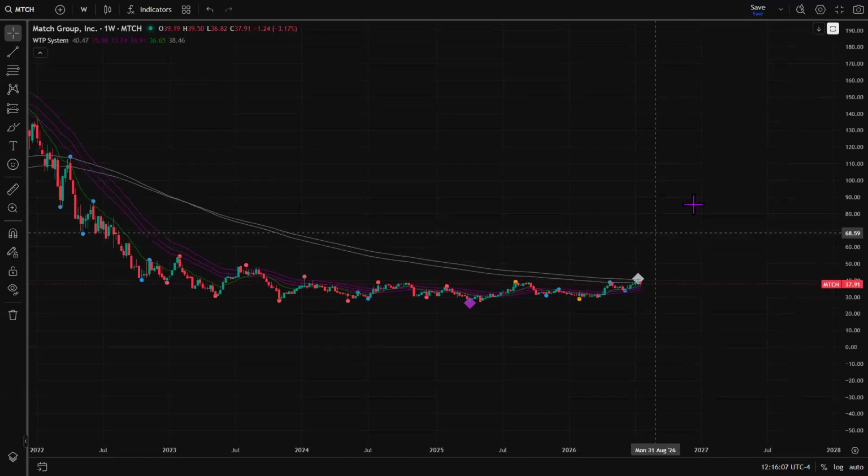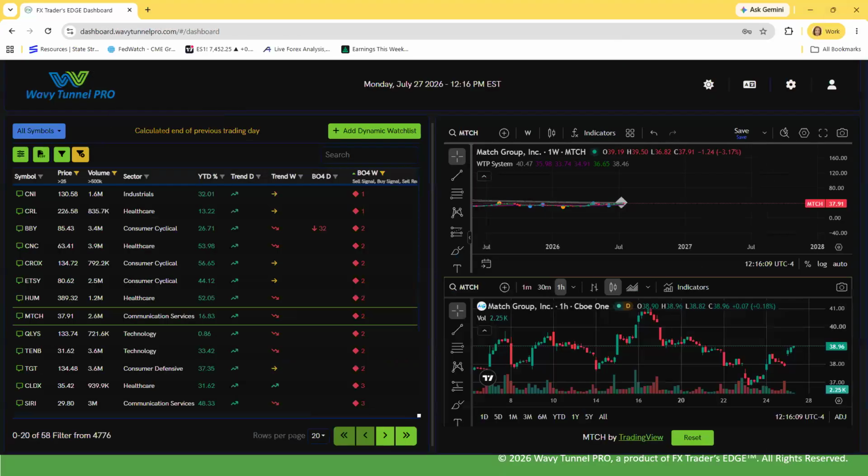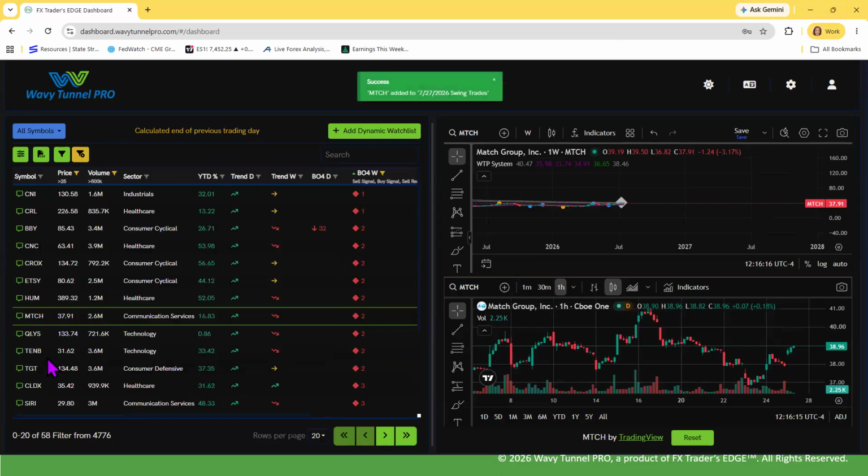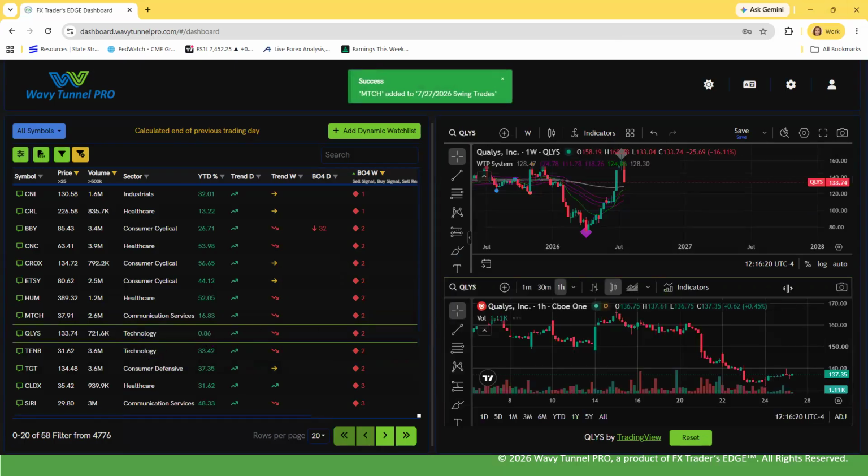Okay, I'll put this on the watch list. And these are all stocks with options. We're going to look at a couple more and then we're going to look at the longs. And maybe I will show you one of the enhancements.